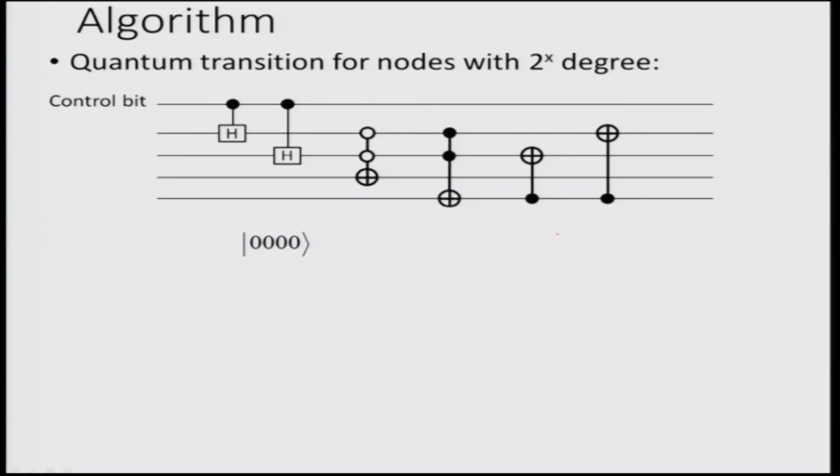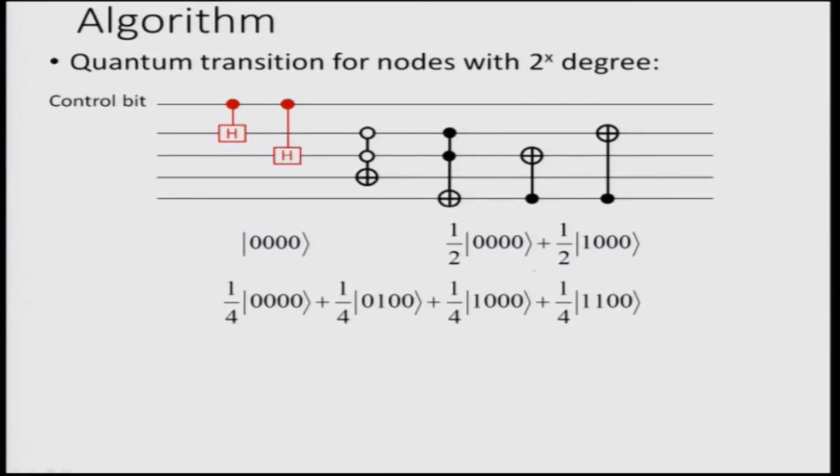So, the algorithm which requires this quantum transition for nodes with 2 to the power x degree would have this format, where we have the control bit coming. If it is all zeros, then it essentially just does a mixing of the two states, whereas if it goes through the other sets, then it will be going through this particular set of operations.